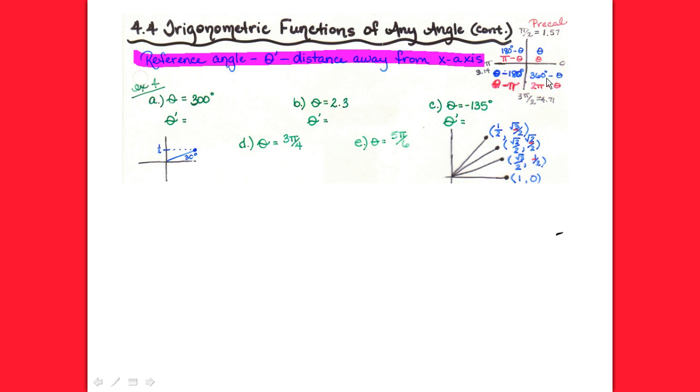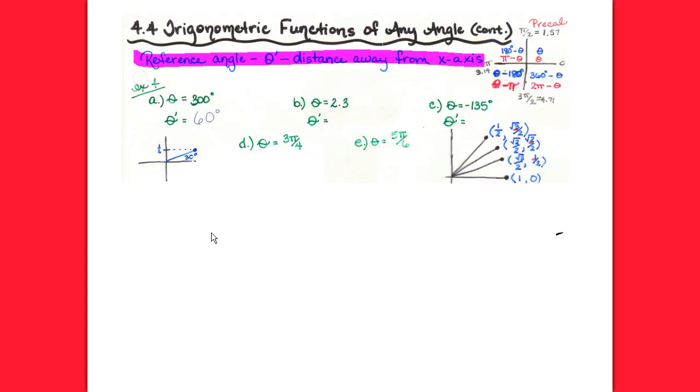Okay, so look at the first one. Example number 4, it tells us our angle is 300 degrees and it wants to know our reference angle. So how far is 300 away from the x-axis? 60 degrees, yeah. So 60 degrees away from the x-axis, so 60 is our reference angle. Look at the next one, 2.3. If I've got 2.3, there's no degree symbol there, so that has to be radians.